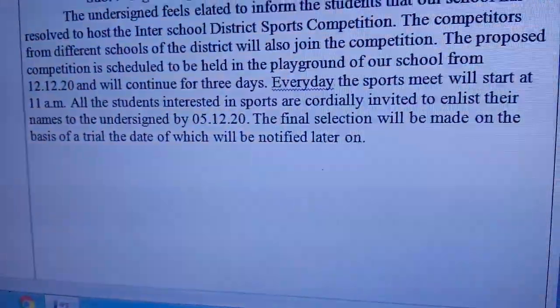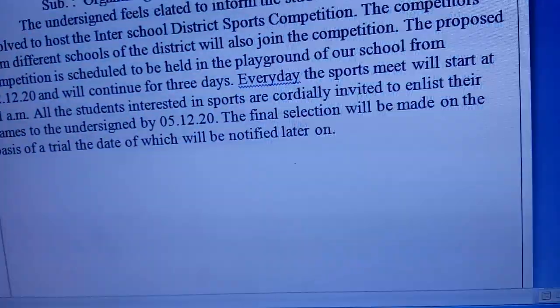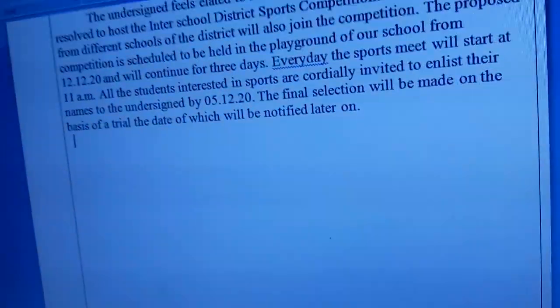Now we have come to the end of the notice. Next, you have to make a formal request.